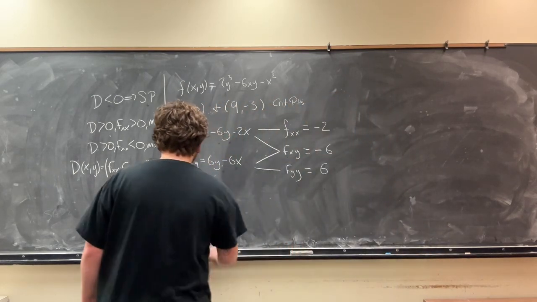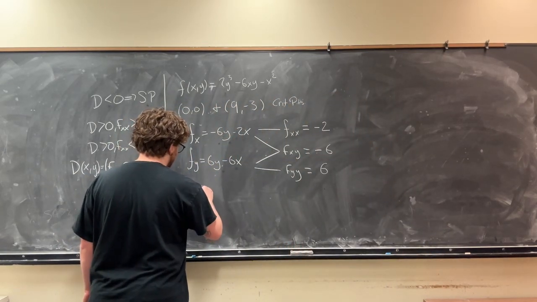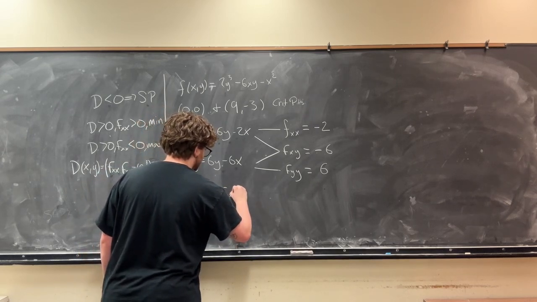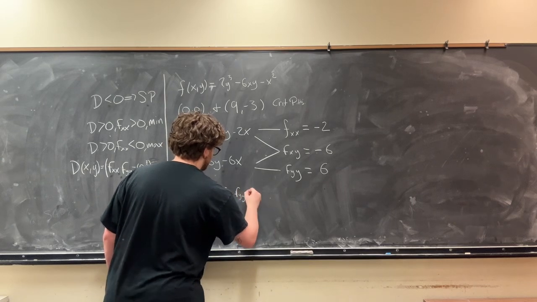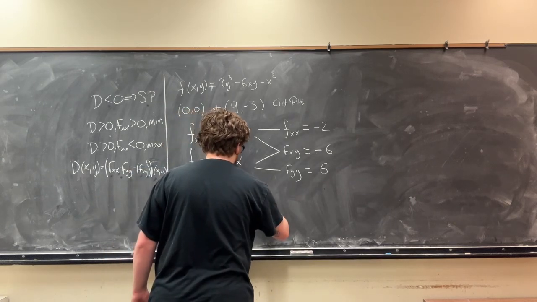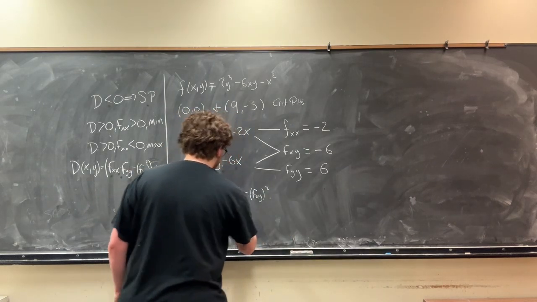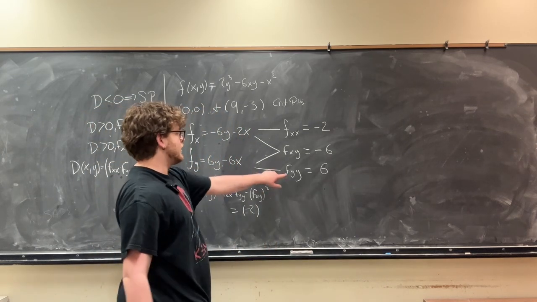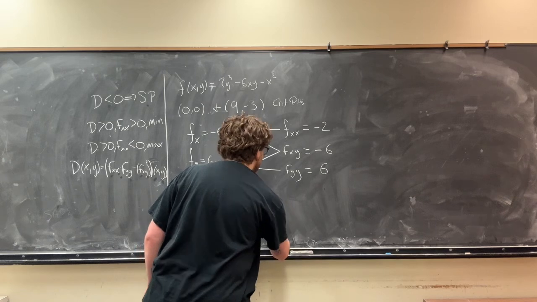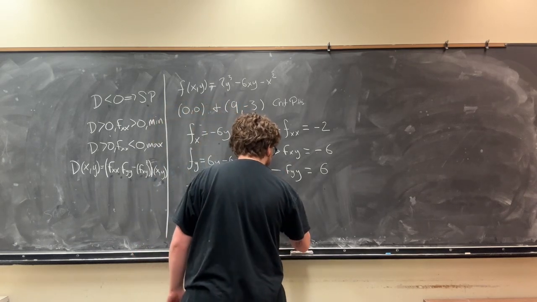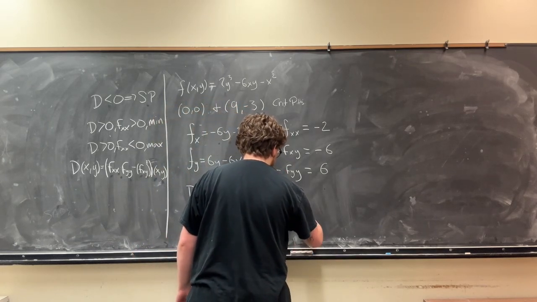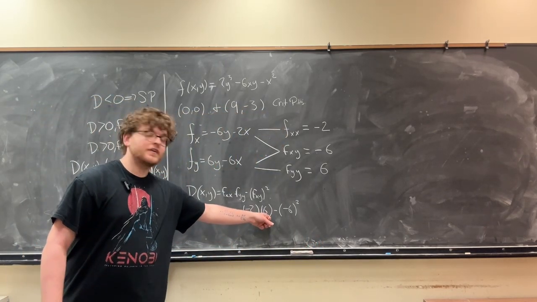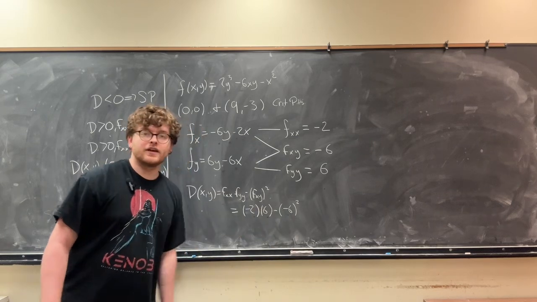Cool. So D at our point is fxx times fyy minus fxy squared. fxx is negative 2. fyy is 6. And then fxy is negative 6, and we square that.